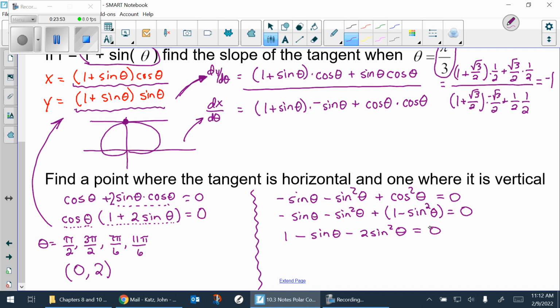Well, now, like we did for the horizontal tangent, I'm going to factor. And I think this is going to come out to be 1 minus 2 sine theta times 1 minus sine theta. And that's what I want to equal 0.